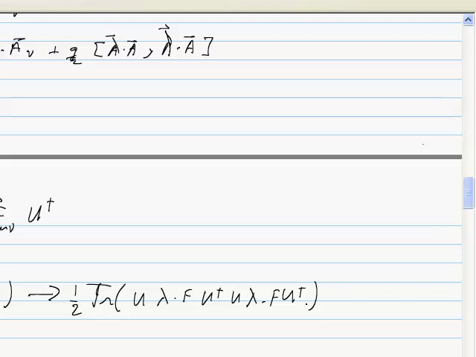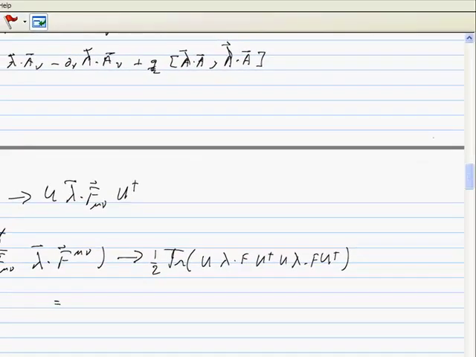Let's not bother putting the indices on it, which is invariant, and the 1/2 the trace is Fiμν Fiμν.